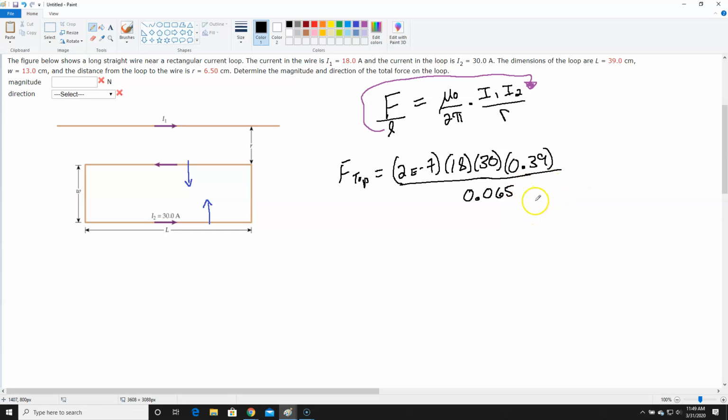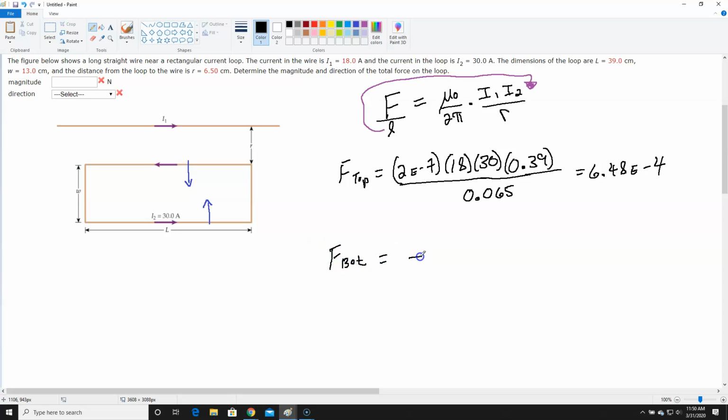Now I'll punch this in: 2e negative 7 times 18 times 30 times 0.39 divided by 0.065. The verdict is 6.48e negative 4.